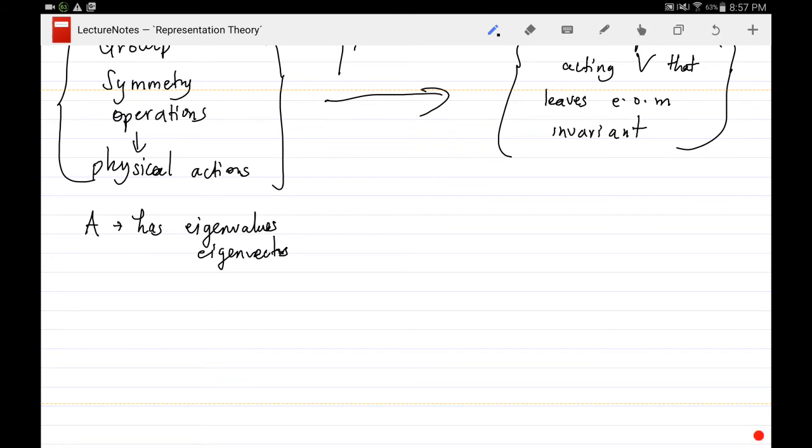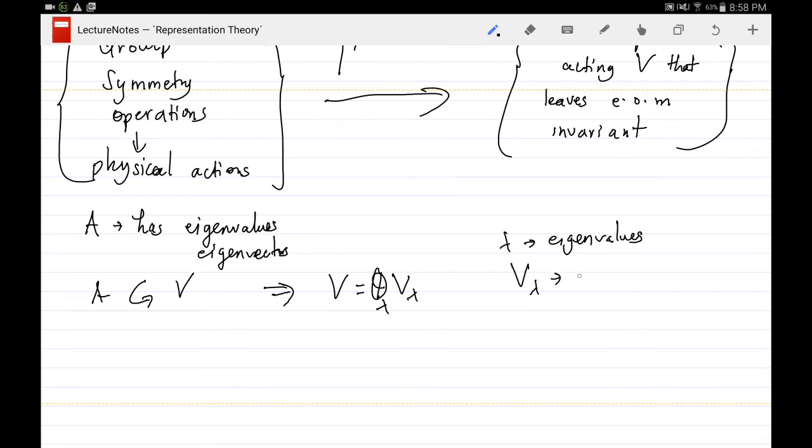A will act on some vector space V. There's a theorem that tells me that I can decompose this V as a direct sum of the eigenspaces of this linear operator. So lambda is an eigenvalue, and V lambda is an eigenspace.